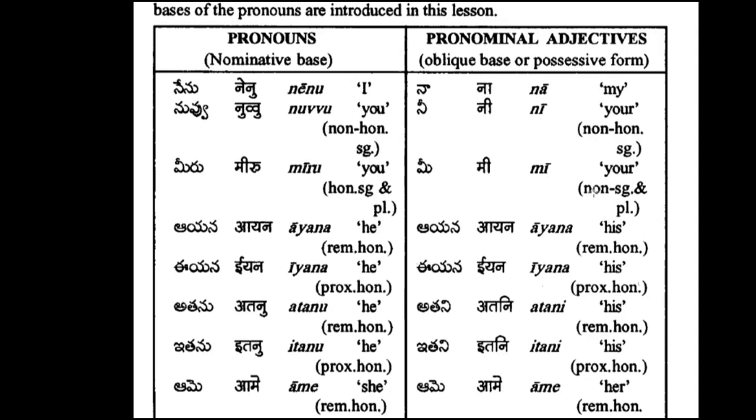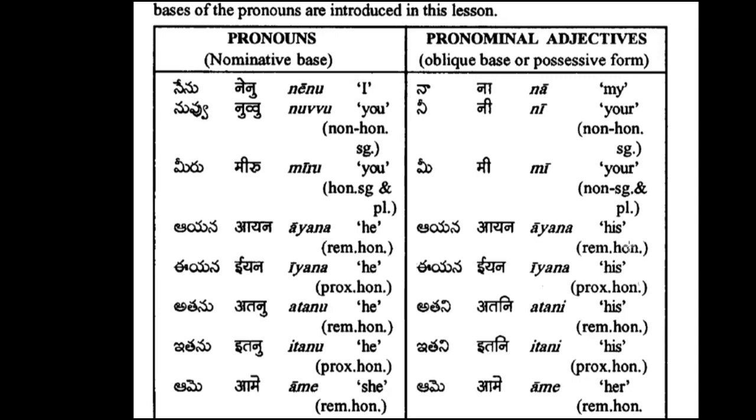This is honorific singular and plural. Ayana, his. See here, ayana, it is the same. Ayana peru, his name, it is the same. No need to change. His name, ayana peru, remains the same as he. He means ayana, he is also ayana.